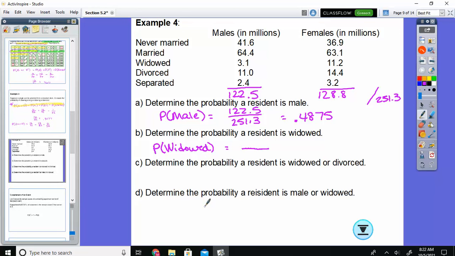The probability of being widowed. So what do we have to do? Probability of being widowed, so you have to add those together. So that's 14.3 out of my total. 0.569. Thank you.